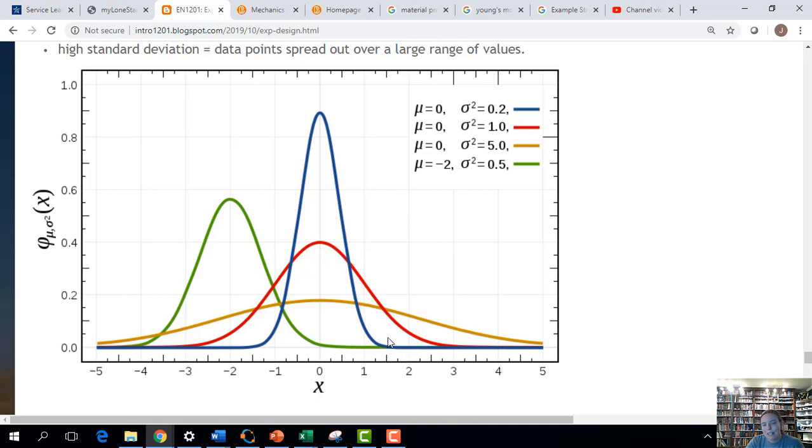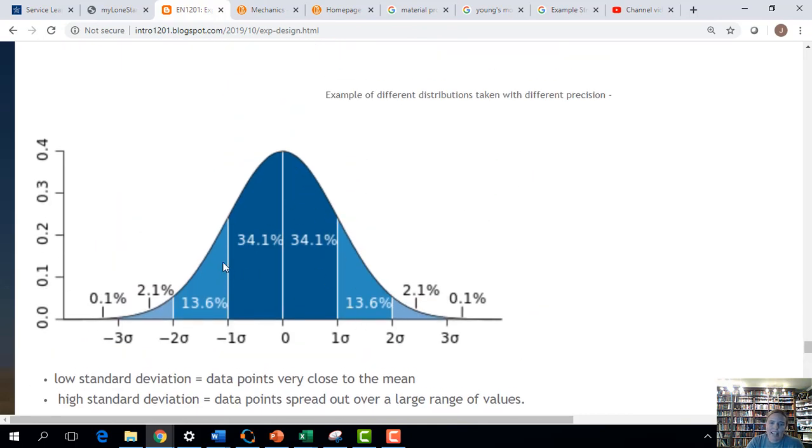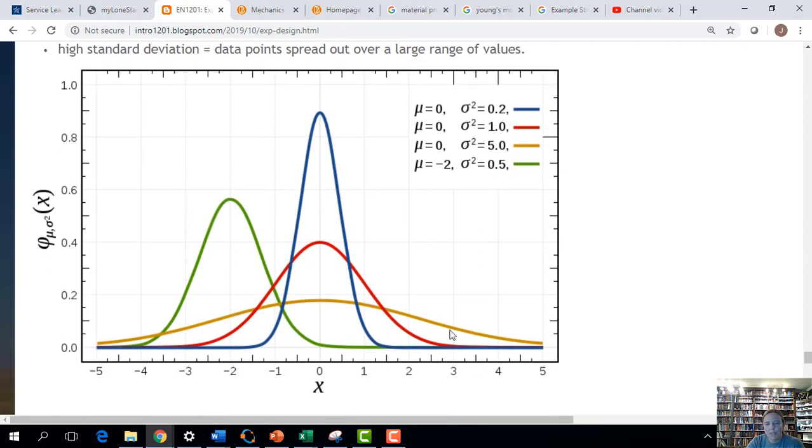So maybe some of the temperatures will be higher and some are lower. And depending on how easily it is to take that data and how repeatable it is, you'll get different shapes of these curves, but they'll all be kind of this bell-shaped case, a lot of them anyways. So this is a very common distribution.